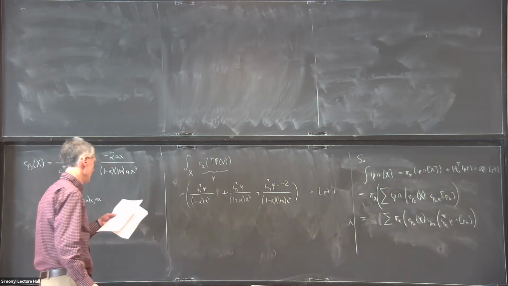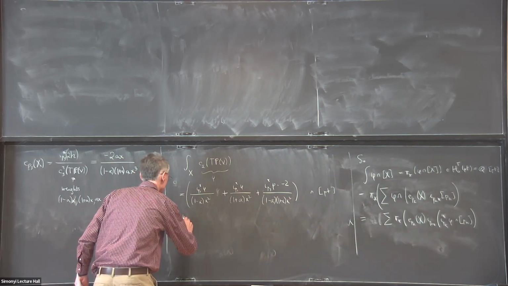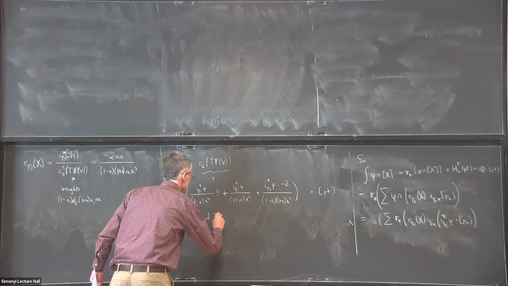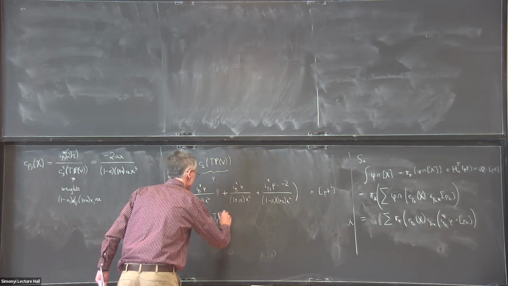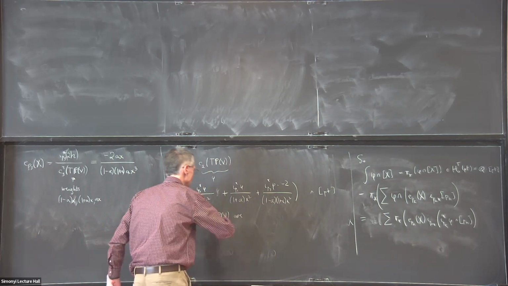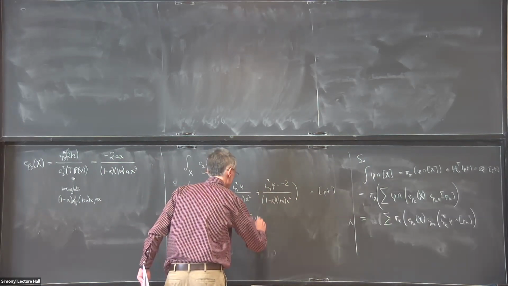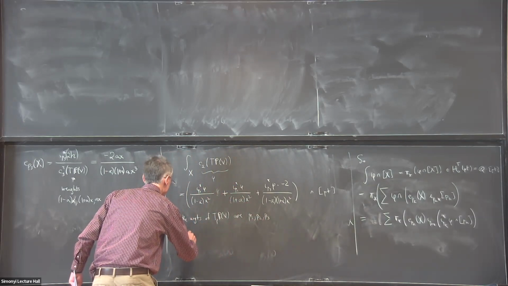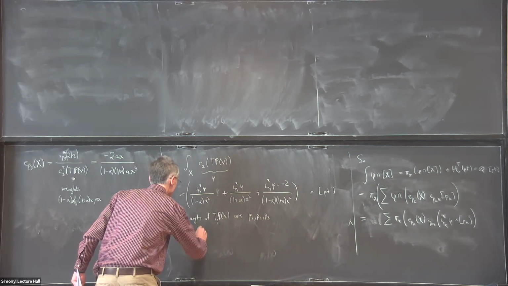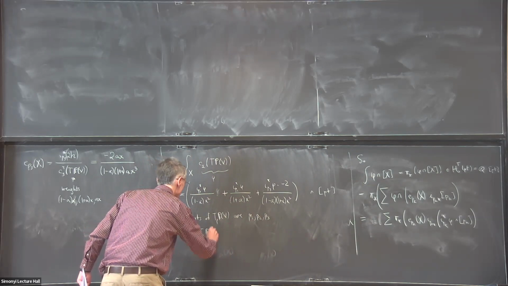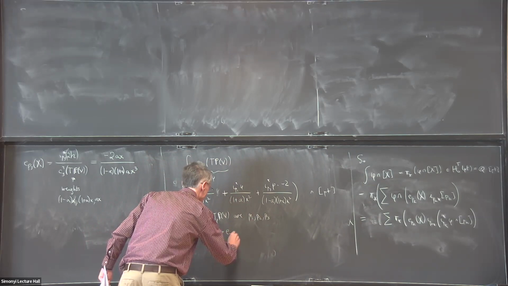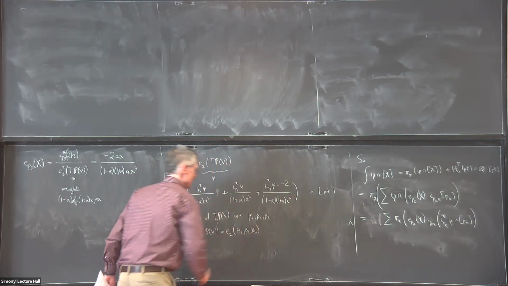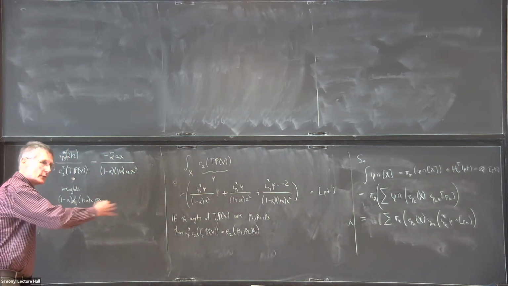Now, if the weights of T of V, this is just a representation of T, are beta 1, beta 2, and beta 3, then i_P star of c2^T of V is just the second elementary symmetric polynomial in beta 1, beta 2, and beta 3. So these weights are easy to compute.